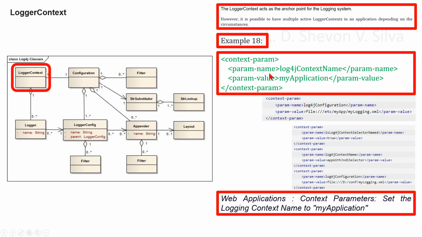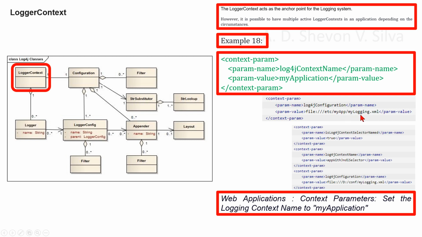Here you can see we set the logging context name to myApplication. Here we set the configuration file path: the log4jConfiguration file URI to /etc/myapp/mylogging.xml.